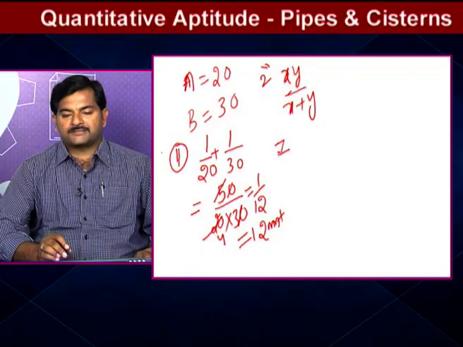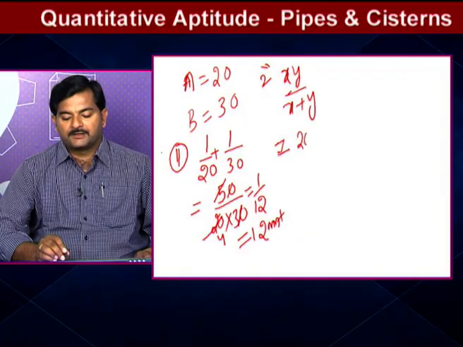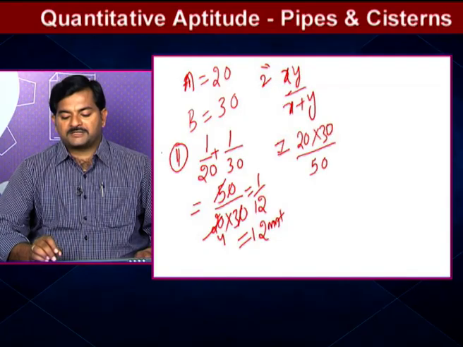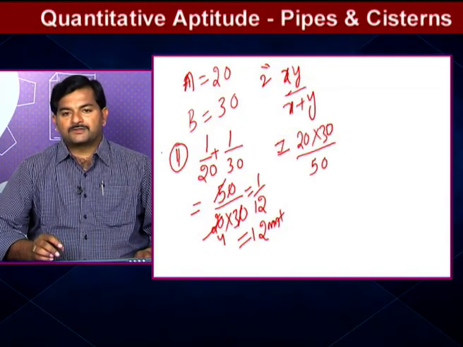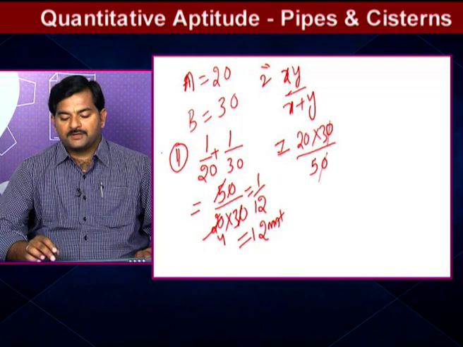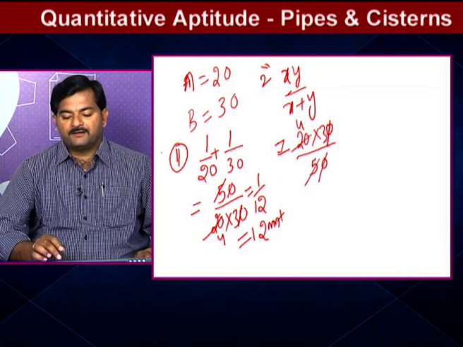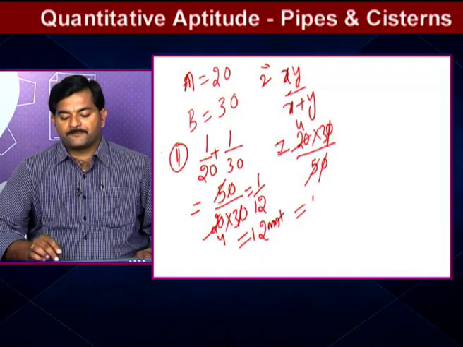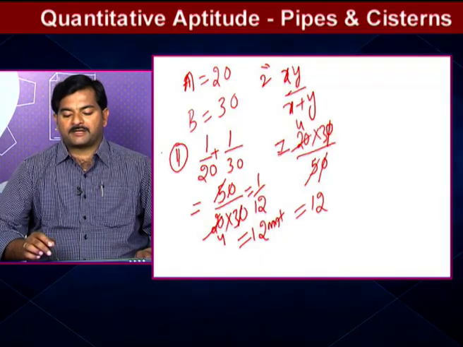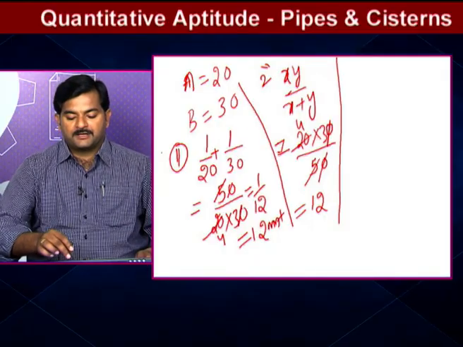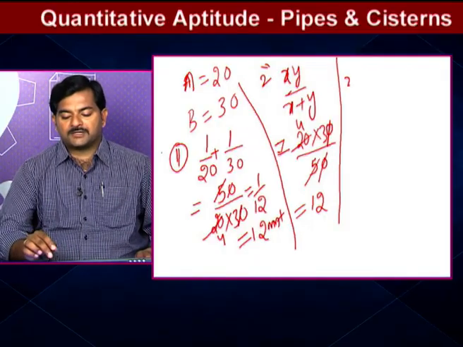So we get 20 into 30 by 20 plus 30. 20 plus 30 is 50. After simplification, the zeros cancel, 5 ones are 5, 5 fours are 20, and 4 threes are 12. So we get 12 minutes. This is the second way of doing the same question.